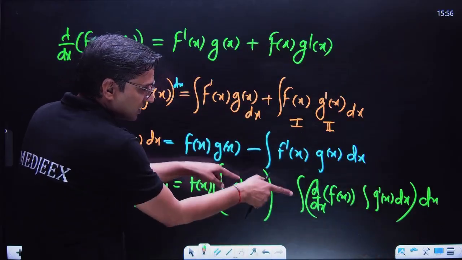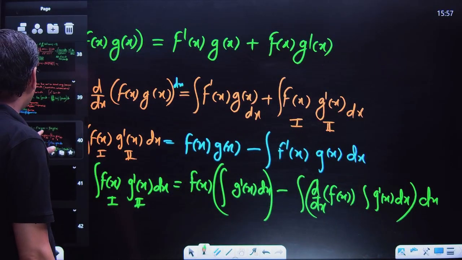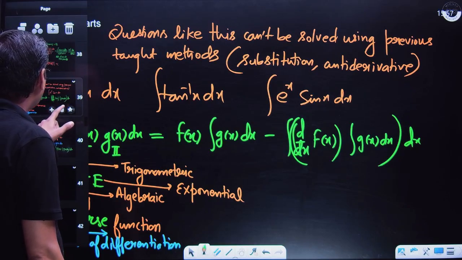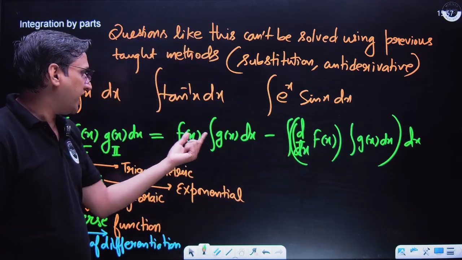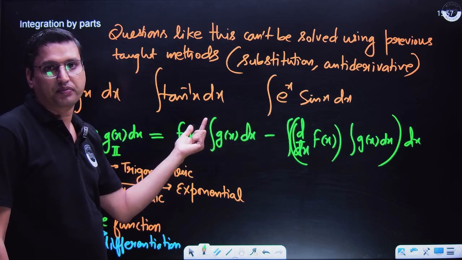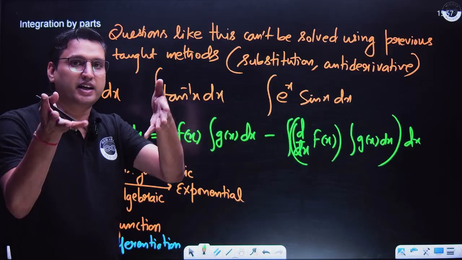This is from the product rule, this is one way, and one more way you can take it from here also. Just take this one as an example, differentiate it using the product rule, and after the product rule just transpose and get the answer.